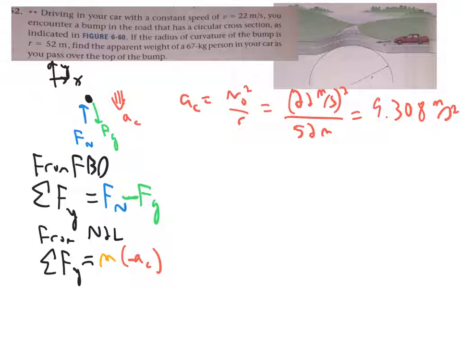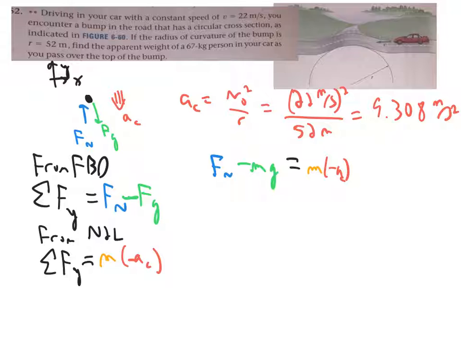And then we just say, well, sigma Fy has to be the same no matter who, so we end up with Fn minus, and I'm going to change F sub g into m times g, and that has to equal m times a, which is minus ac downward.